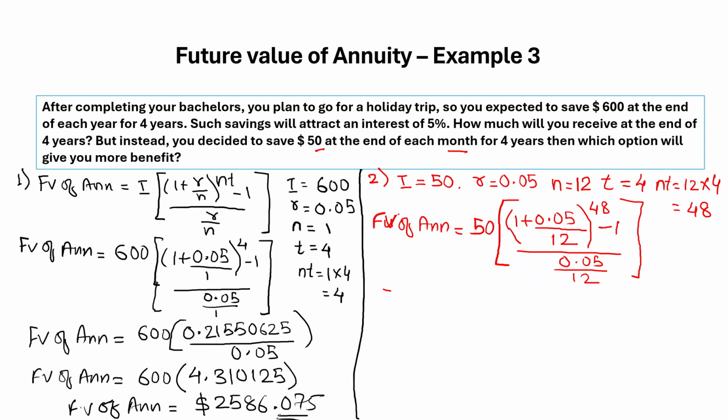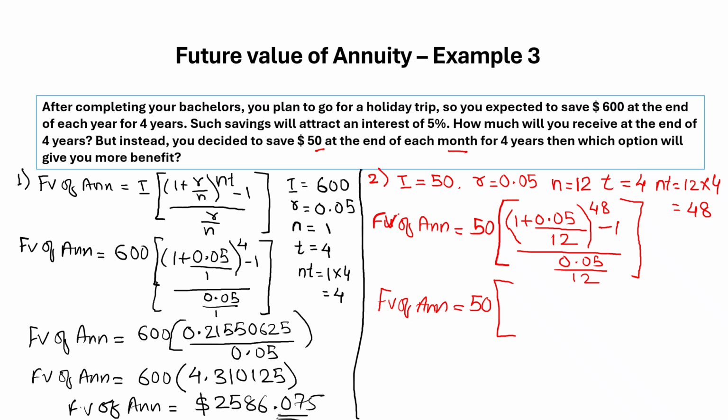Now see, pay attention, listen to me carefully. Future value of annuity, what we have to do? Take your calculator, 50 into bracket, remember into bracket, first calculate this which is there on the top, bracket 1 plus 0.05 divided by 12, bracket close, power of 48 minus 1.